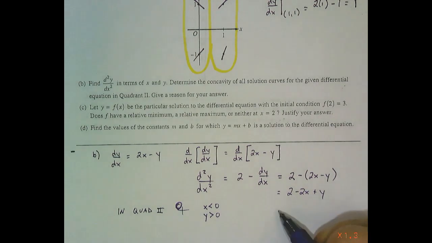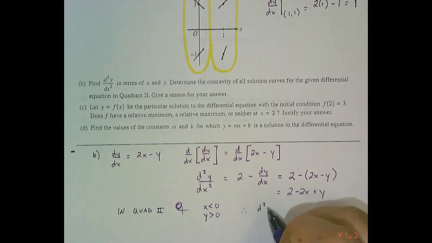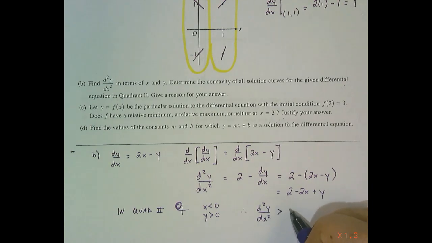So if we take a negative x and plug that into here, 2 minus -2 times the negative number is going to create a positive value, so 2 plus a positive number, and y is positive. So we have 2 positive, positive. The sum of 3 positive numbers is positive. So because of that relationship, we can say that the second derivative is positive.